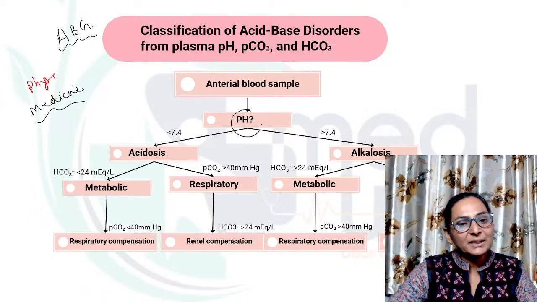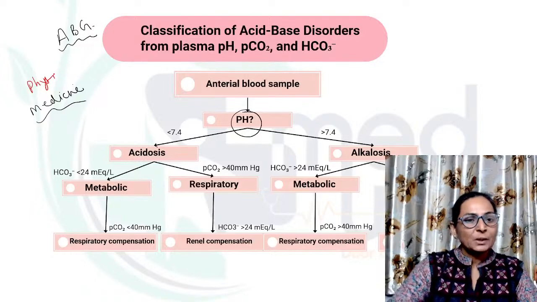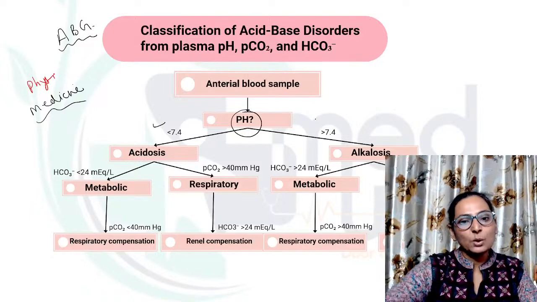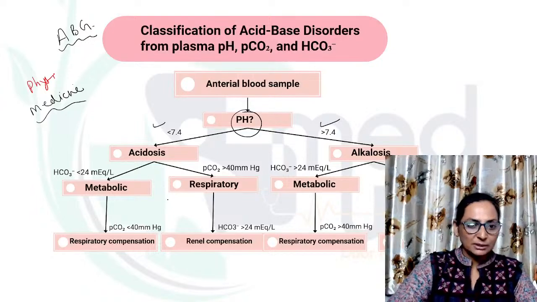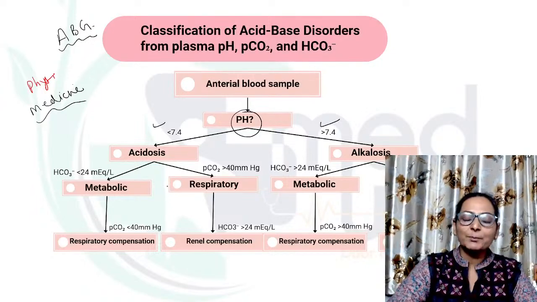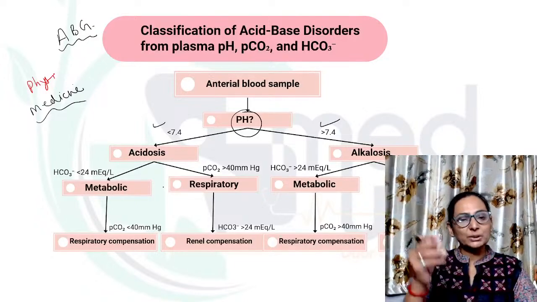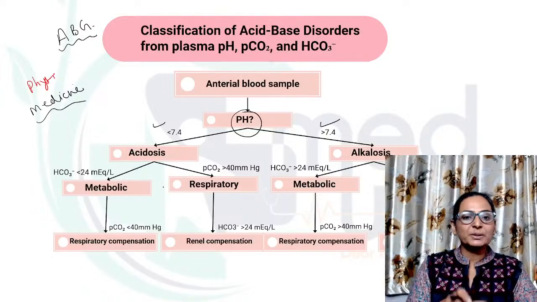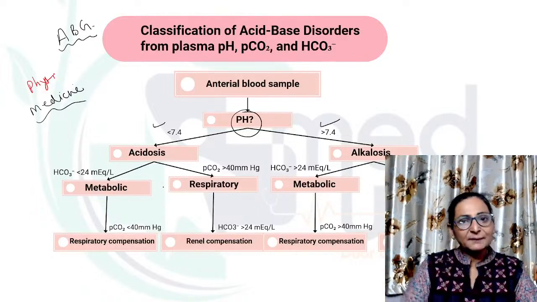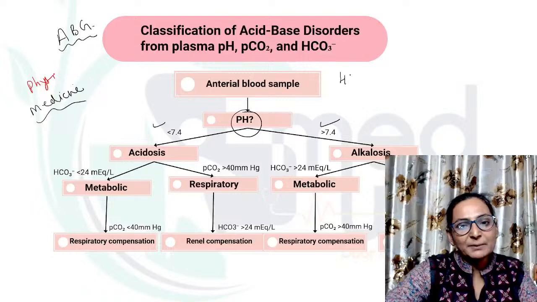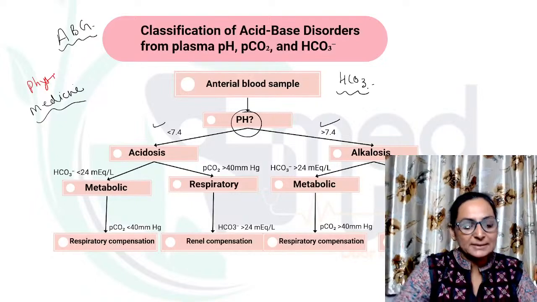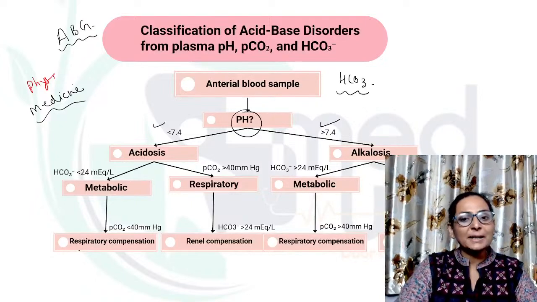Look into the pH, what is given, whether it is an acidic pH or whether the pH given shows you more than 7.4, that is towards an alkaline pH. So the first step which will help me to reach towards my answer is going to be the pH. The second thing which I'm going to look upon will be my bicarbonates.